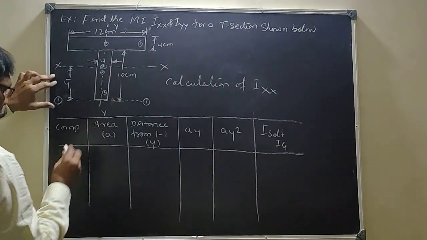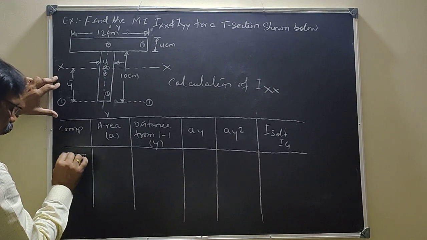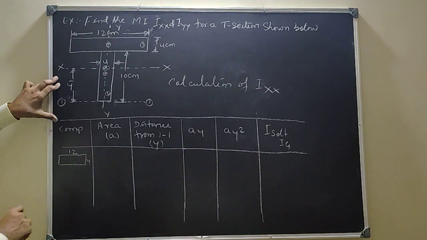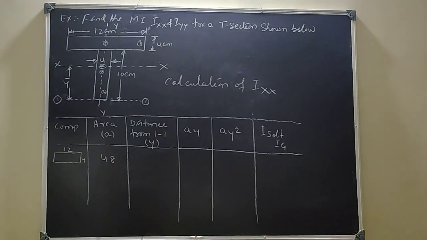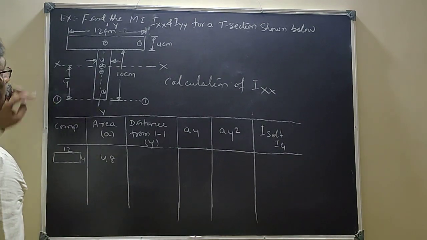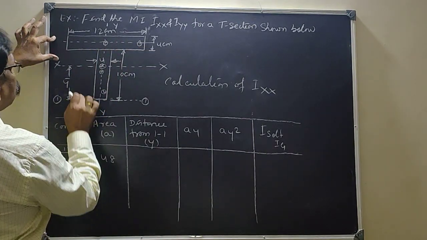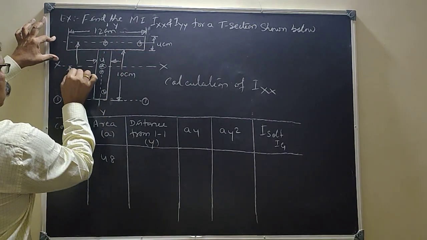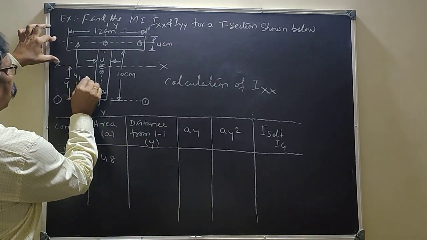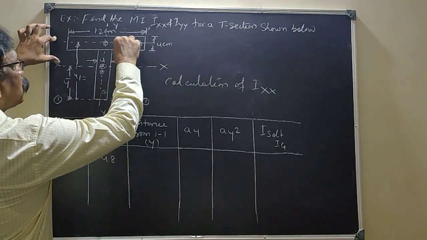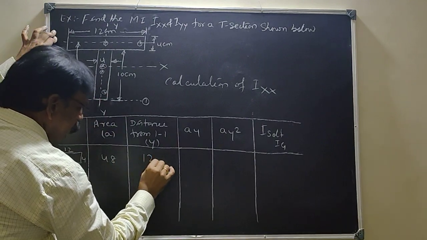Let us take the first component, that is the rectangle, 12 by 4, so the area is 48 centimeter square. Its centroidal distance from this reference line, called y1, or in general y, is equal to 10 plus 2, that is 12 centimeter.